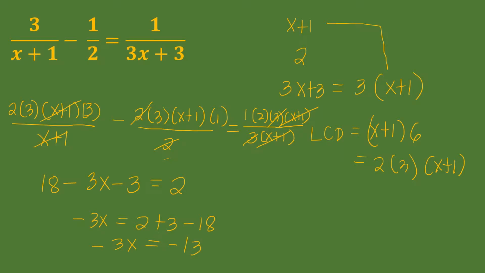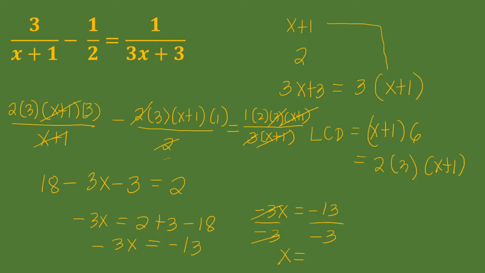So we divide both sides by negative 3, so that would be negative 3x is equal to negative 13 divided by negative 3. So we cancel this one. So what we have here, x, then we will have negative 13 over your negative 3.